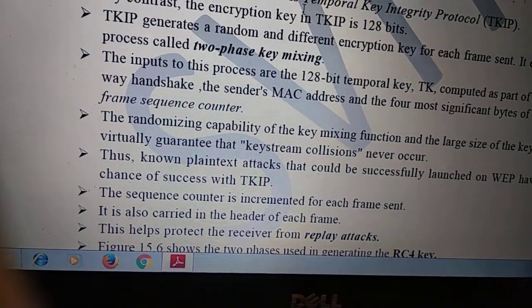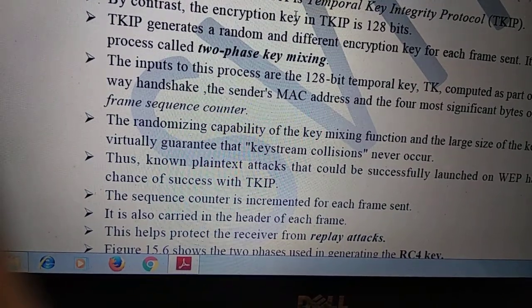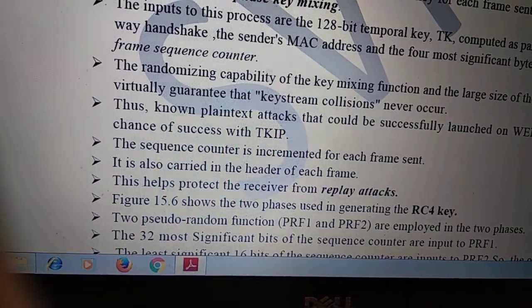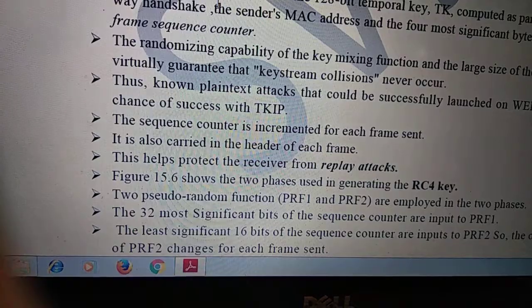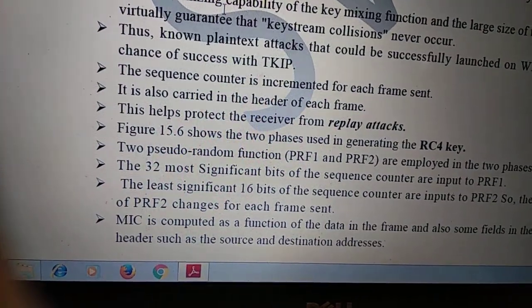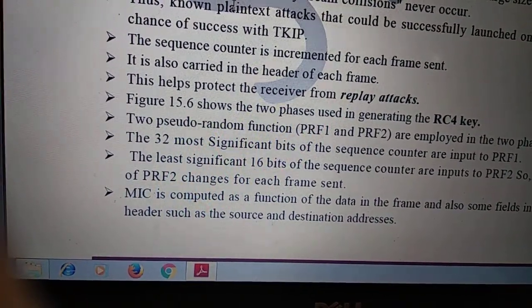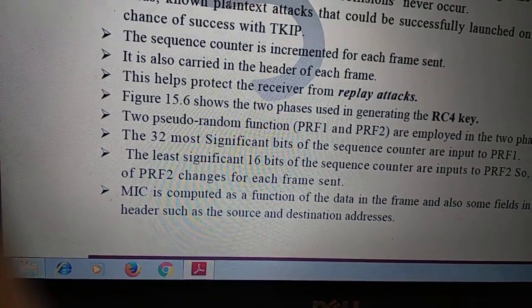WPA is another name for this temporal key integrity protocol, where the temporal key is an encryption key of 128 bits, and two phases will be performed with the 48 bit MAC address and the sequence counter, right?